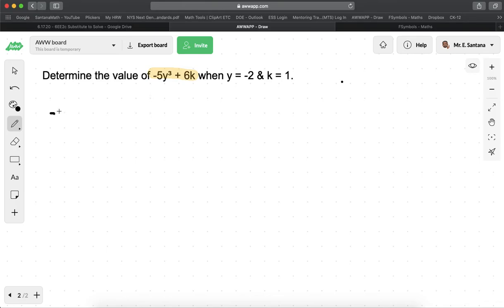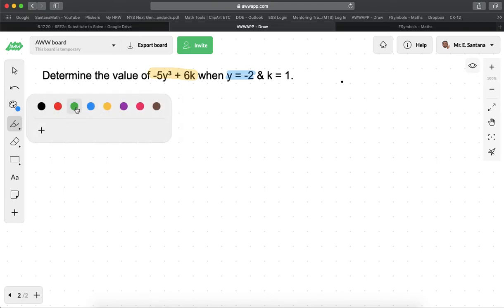That is -5 times y plus 6 times k. And we know that we're going to replace, so let's use different coloring here on purpose, that variable with this value.